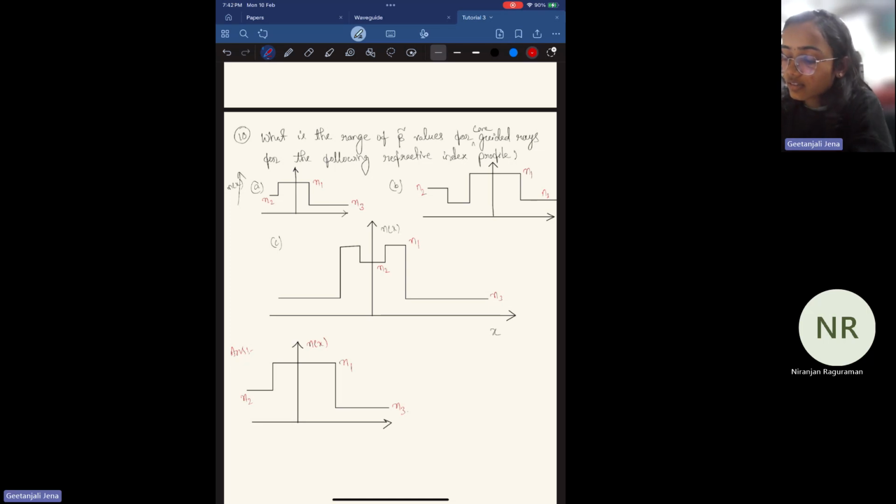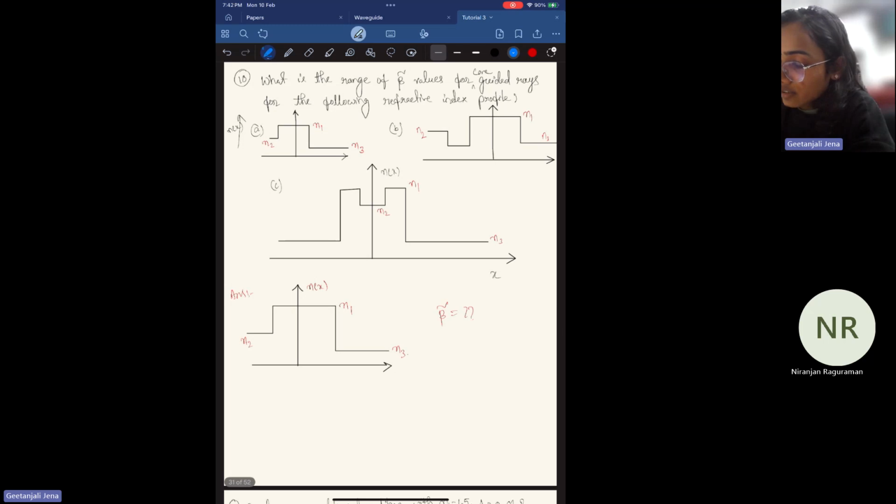So here around the core layer, the cladding has two different refractive indices. We used to see the same refractive index outside the core, but if there is a situation like this, then what is the condition for beta? Whether it lies between n1 to n2 or between n1 to n3, what is it?